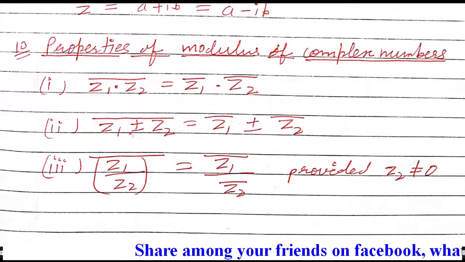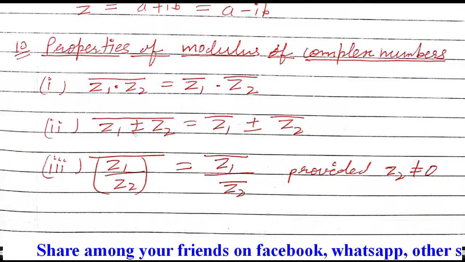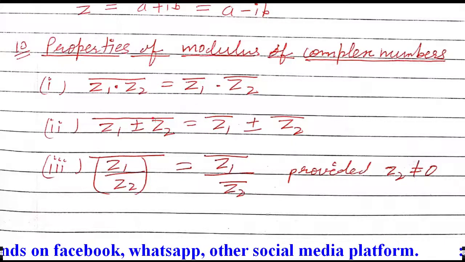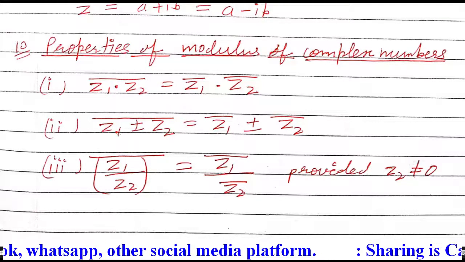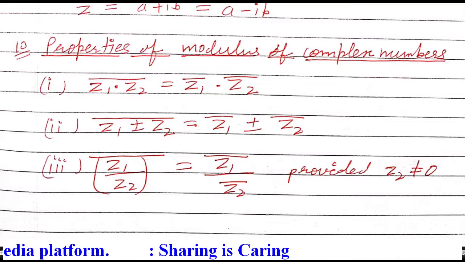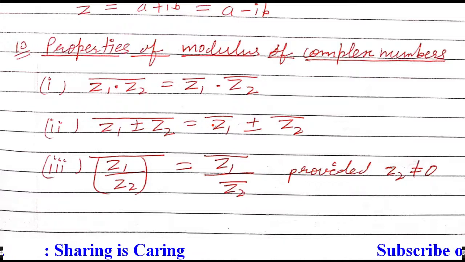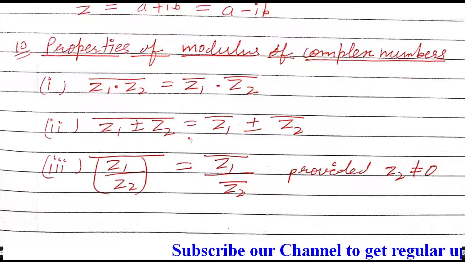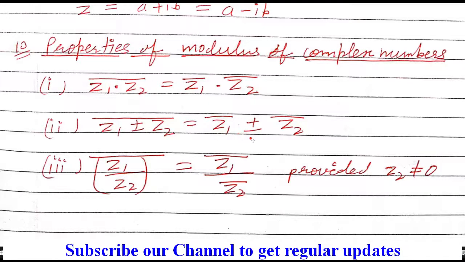In the same way, if you have to add or subtract two complex numbers and you need the conjugate of that result, you have two options: either first add or subtract the two complex numbers and then find the conjugate, or first find the conjugate of each complex number and then add or subtract. The result remains the same.